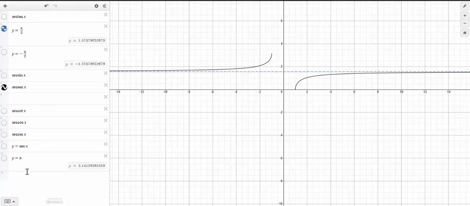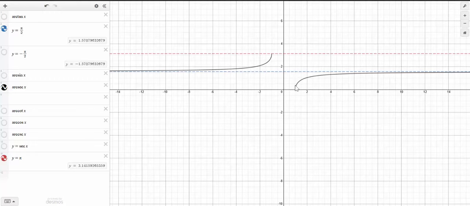And up here is pi. See? So notice this part of the graph over here goes from pi over 2 to pi. Now, that is the second quadrant. I'm going to refer to that later. But notice that is definitely the second quadrant. Y is in the second quadrant here.